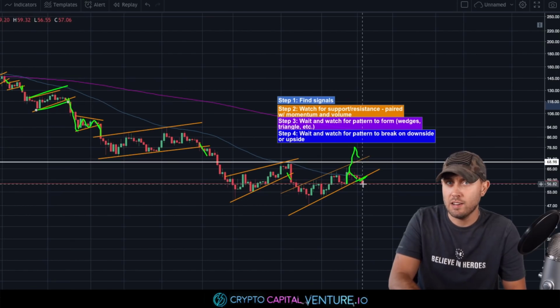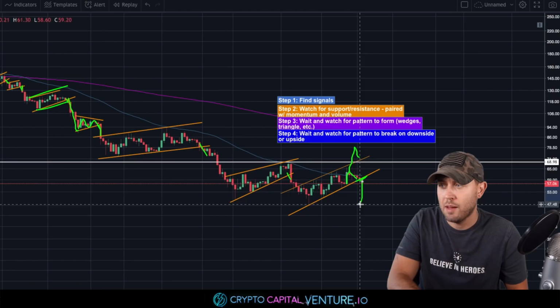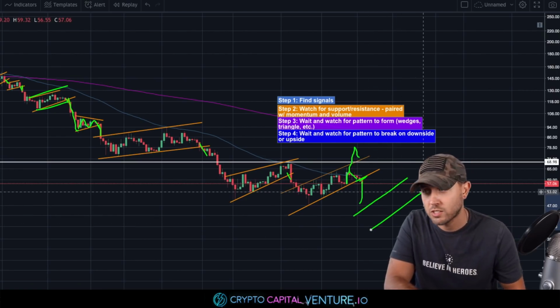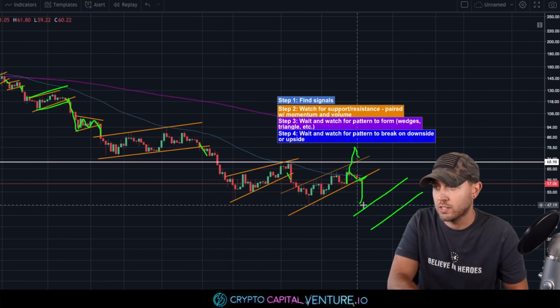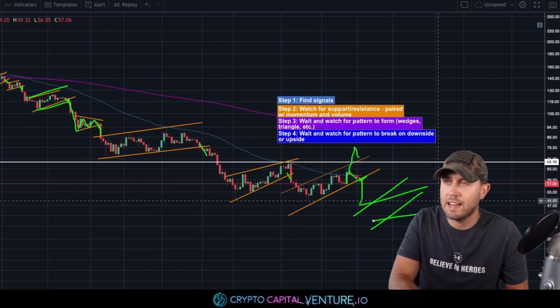I could anticipate that we hit our target on the downside here and possibly form another flag, whether it looks like that, whether it looks like this, however it looks. That's what I'm anticipating on the downside.